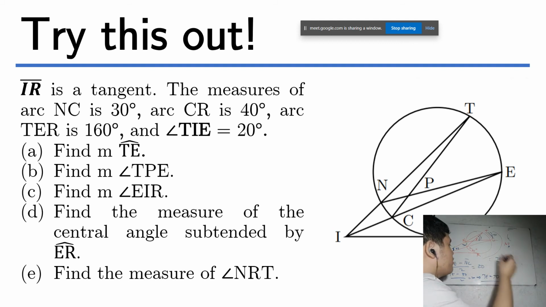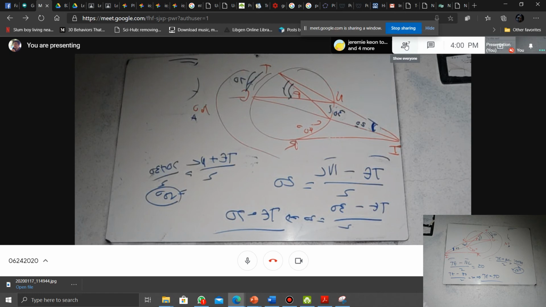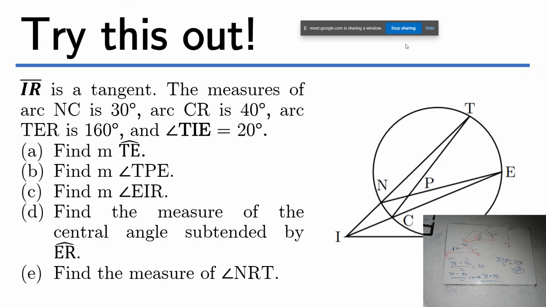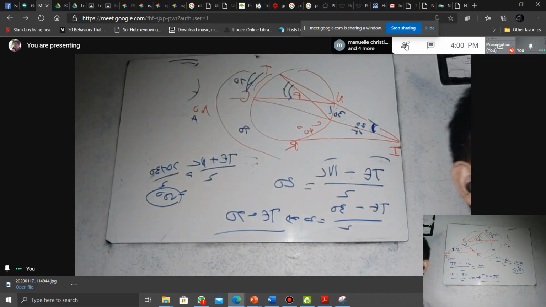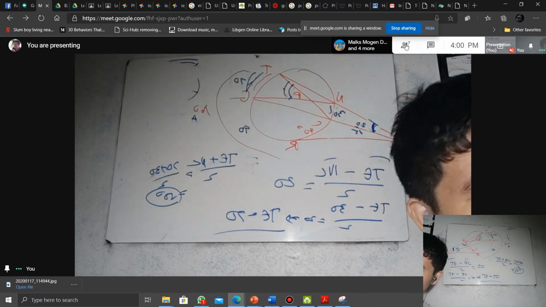Alam na natin pareho yan. 70 plus 30 over 2 equals 50 degrees. Nakuha ba, guys?